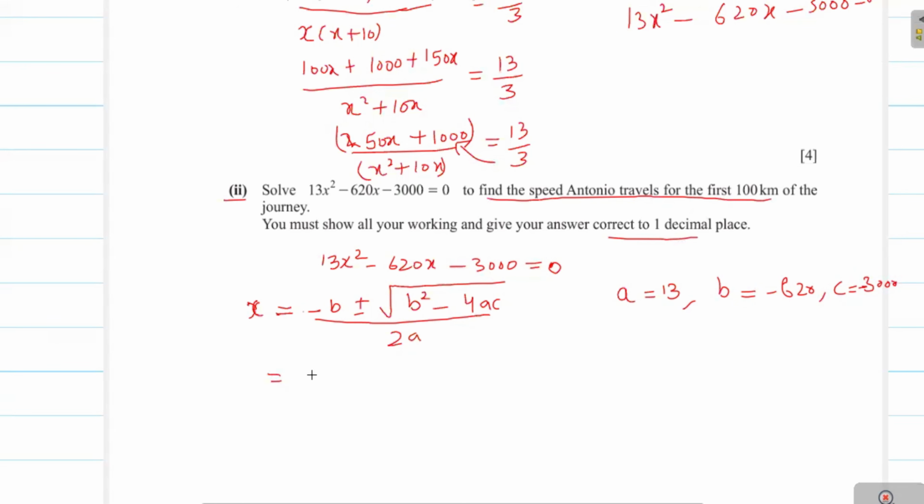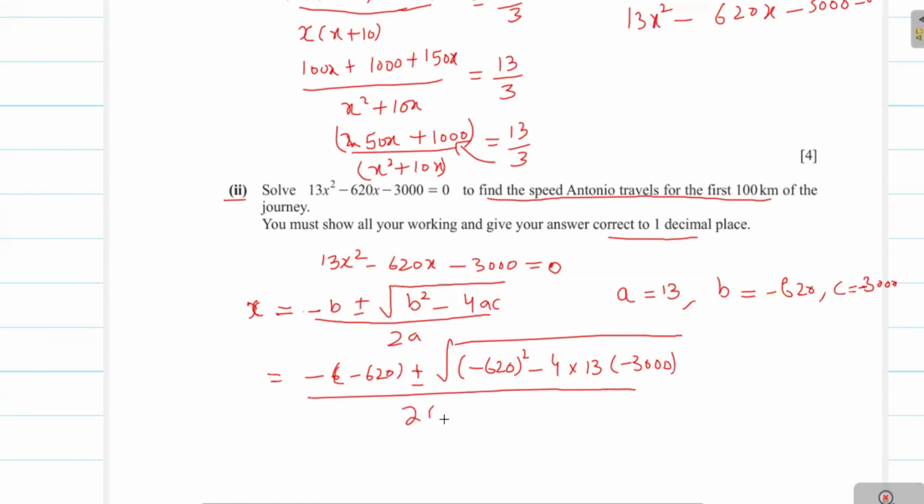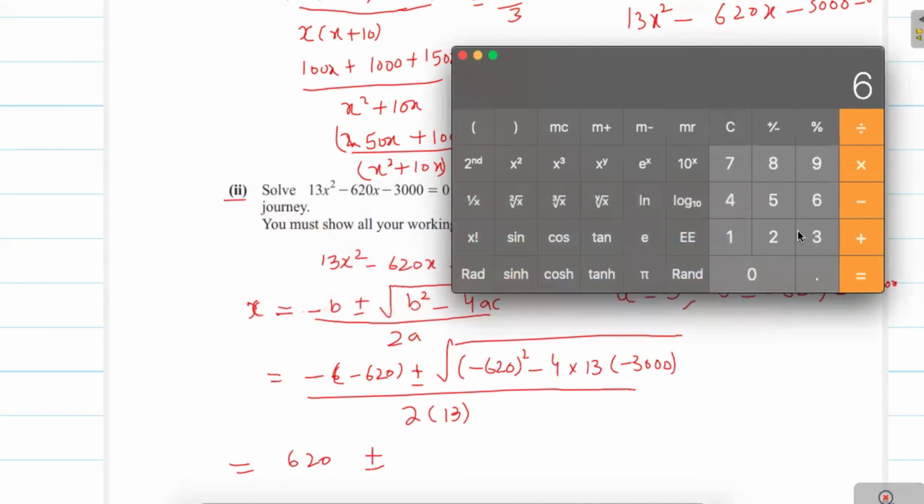Now we write minus minus 620 plus or minus the square root of 620 squared minus 4 times 13 times minus 3000, all over 2 times 13, which is 620 plus or minus the square root of 620 squared plus 4 times 13 times 3000.